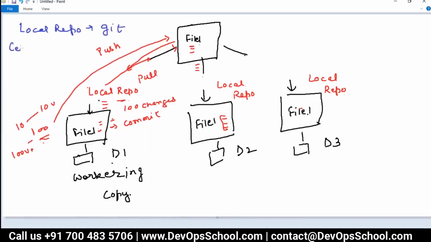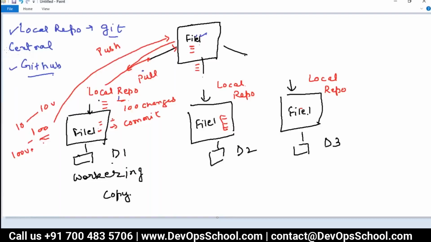And for the central repository, we are going to use GitHub. So it's a very frequently asked question, what is the difference between Git and GitHub? As I have explained, Git is the local repository and GitHub is the central repository.